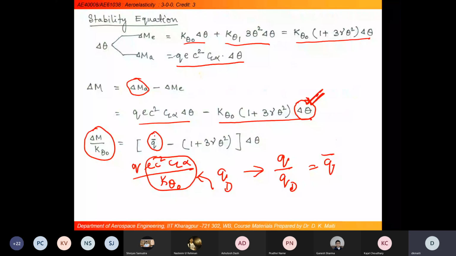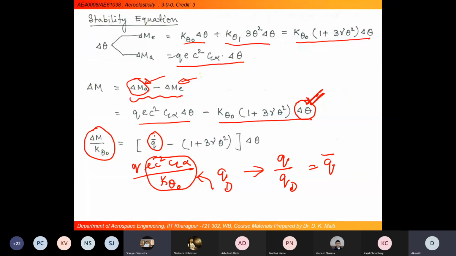So this is how the user is defining the system. With respect to that, we have to keep in mind that the elastic restoring force should be greater than the aerodynamic moment developed in the system.